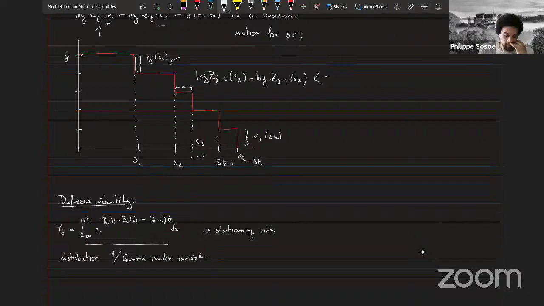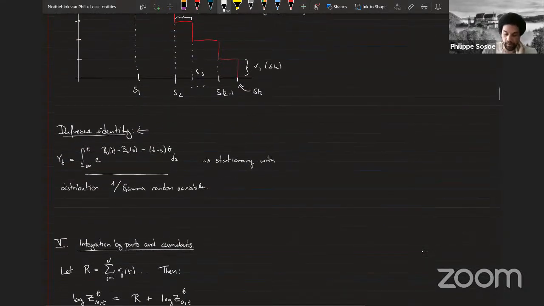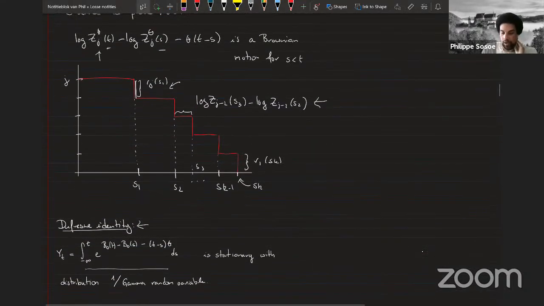This is stationary in t, and you can compute its distribution. You can do this just using standard stochastic calculus, no enlargement of filtrations. You can use Ito's formula and study this. This is sometimes called the Dufresne identity, this identity in distribution. Okay, maybe I should stop here and ask if there are any questions at this point.